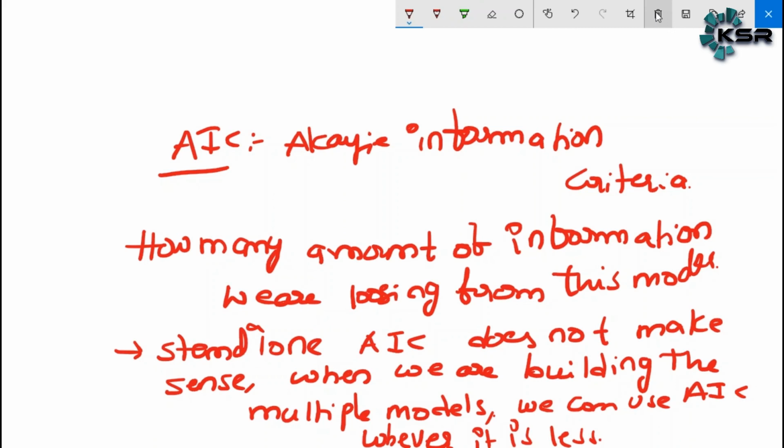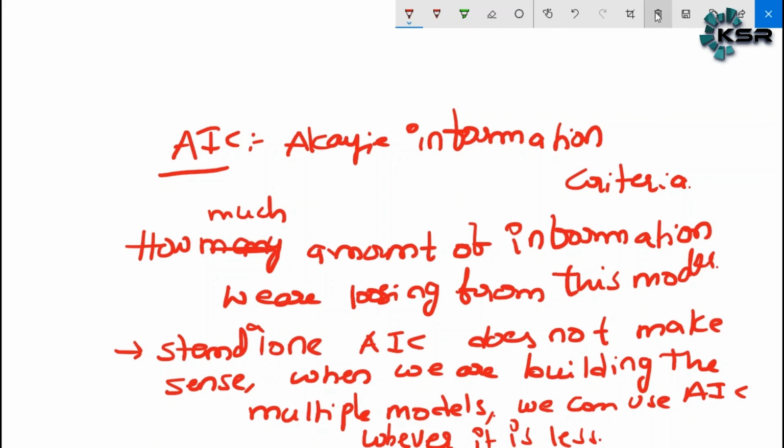How much information we are losing from this model. Standalone AIC does not make sense. When we are building multiple models, we can use the AIC value whichever is less.